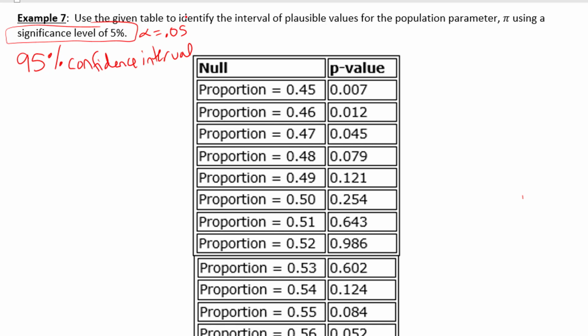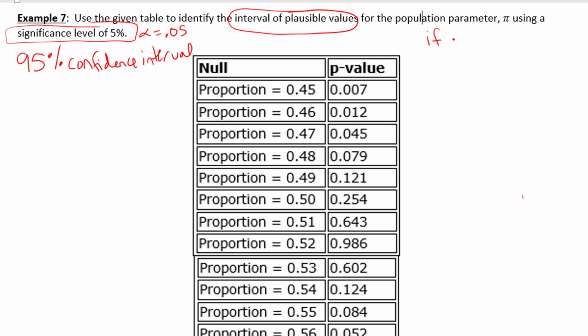So to find an interval of plausible values, to find the confidence interval, we need to look at the hypothesized value of pi, identify its p-value. If the p-value is bigger than 0.05, then that hypothesized value of pi is plausible.